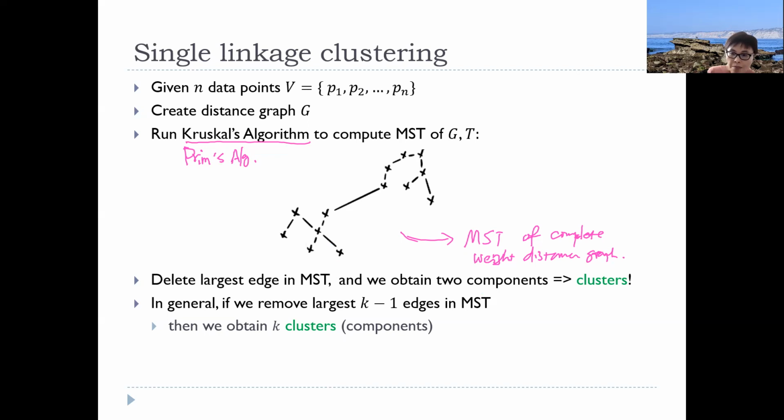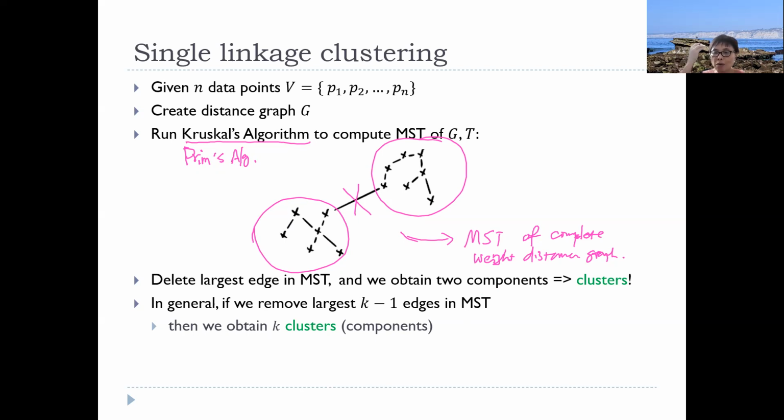So in this minimal spanning tree, now say I want to find the best two clusters of this data set. What I can do is just remove this longest edge, and this gives me two clusters. When given a tree, if I remove one edge, I get two components.